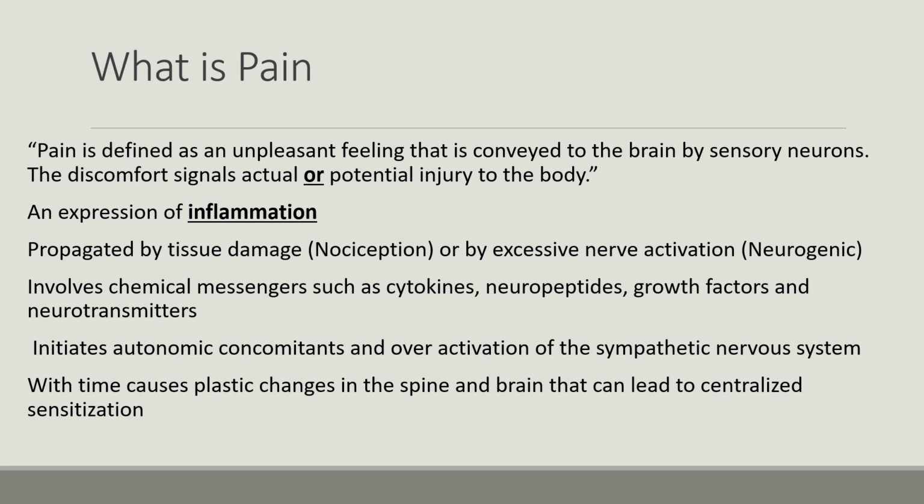Let's talk about what pain is. By definition, pain is defined as an unpleasant feeling that is conveyed to the brain by sensory neurons. This discomfort signals actual or potential injury to the body. So it's a subjective feeling. When I have a patient in my office, we'll often ask them what their pain scale is. Give me a number where your pain lies. 0 means no pain and a 10 is the hospital.